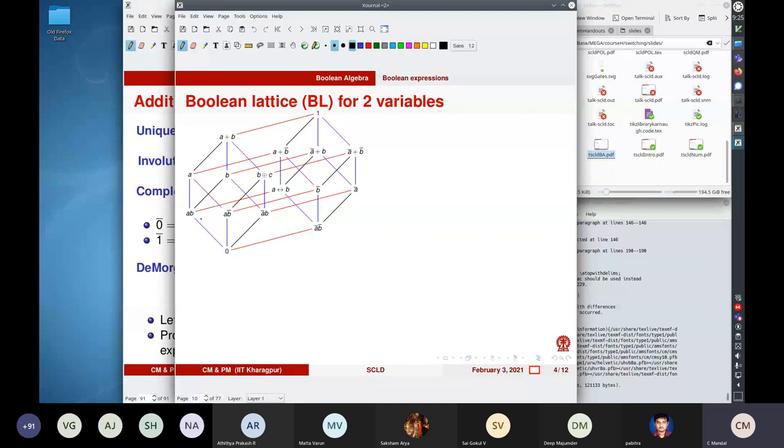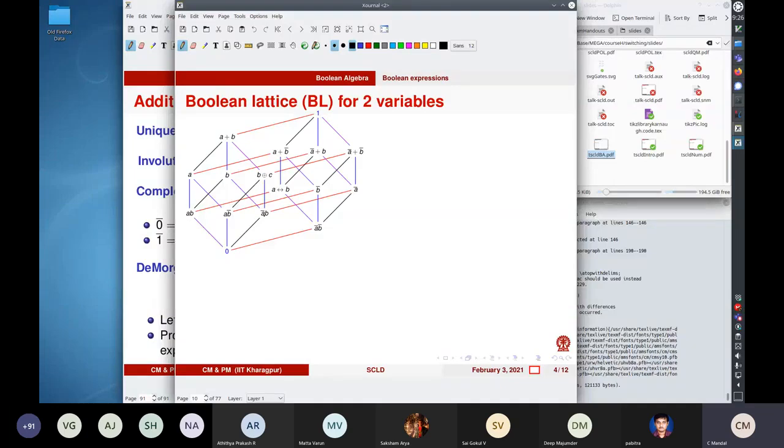And these atoms, you can say, are base combinations of these properties. So you have property A, property B, or you have property A, you don't have property B, and so on. So these are the base combinations of your properties.